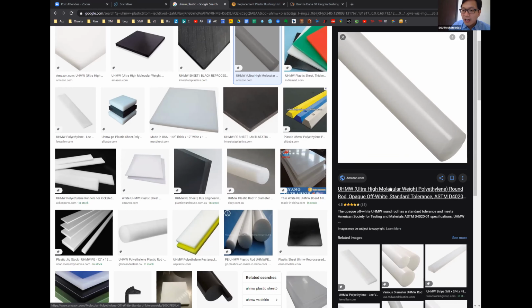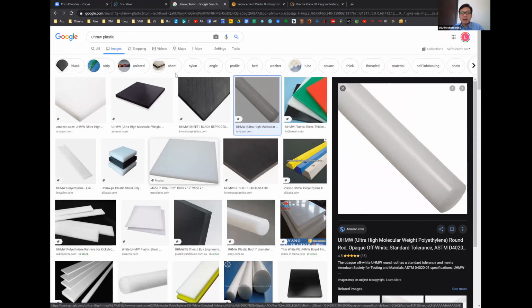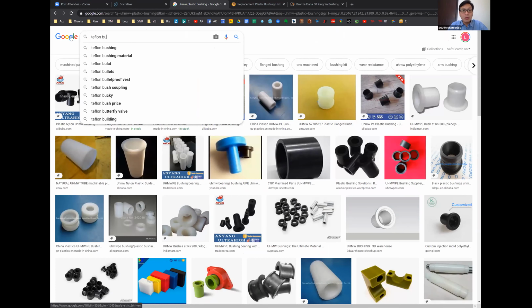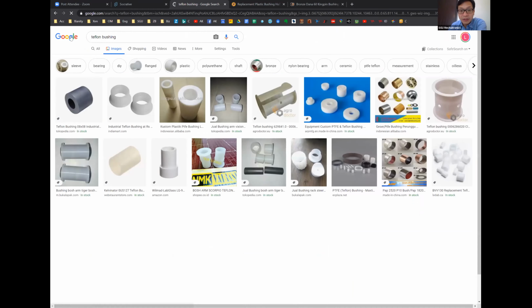Polyethylene, okay, ultra high molecular weight polyethylene. They are quite low friction, so you can use this as bearing materials also, if you want plastic bushings. Okay, so these white ones are often made of polyethylene, nylon. Teflon is also low friction.